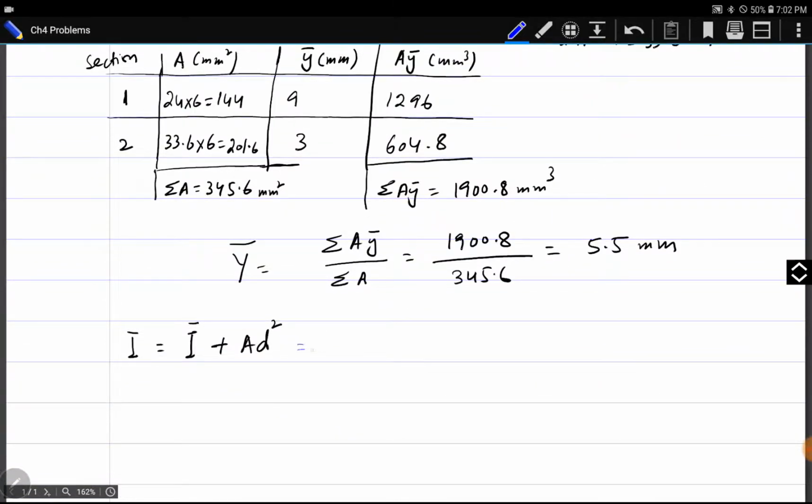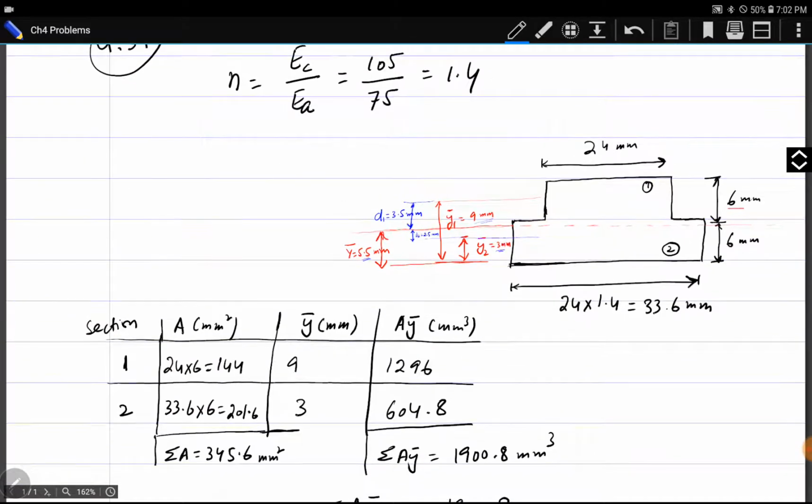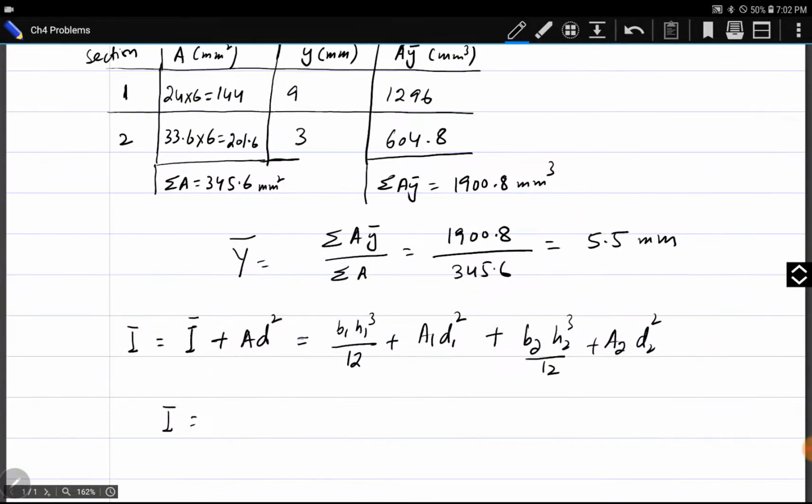So it will be B1 H1 cube over 12 plus A1 D1 square plus B2 H2 cube over 12 plus A2 D2 square. Okay. B1 is equal to 24 mm, B2 is equal to 33.6.